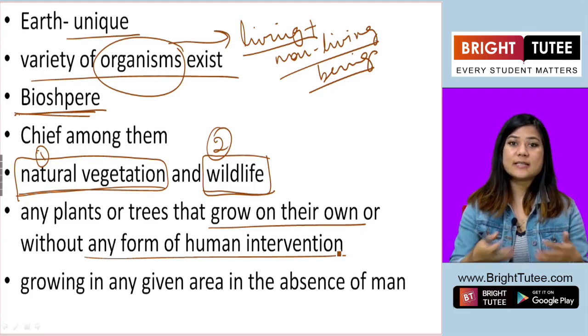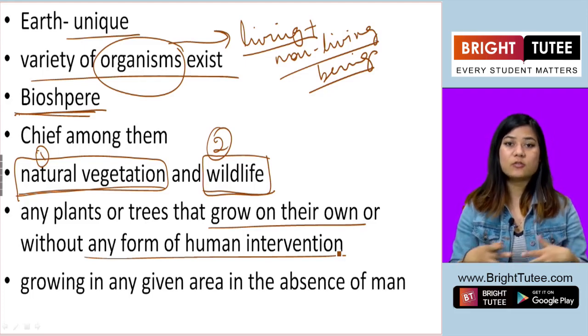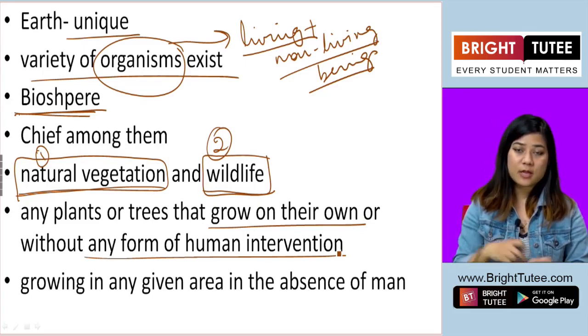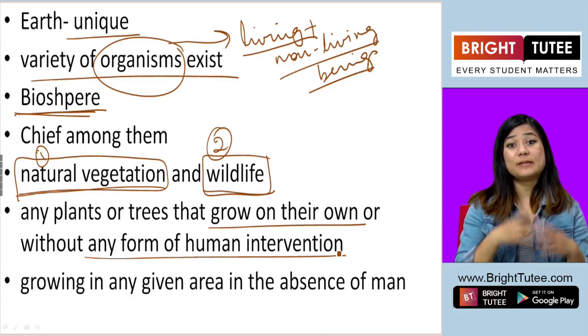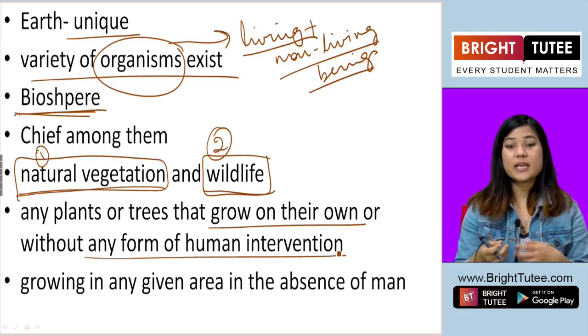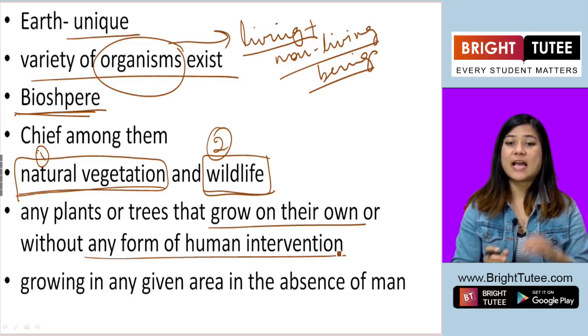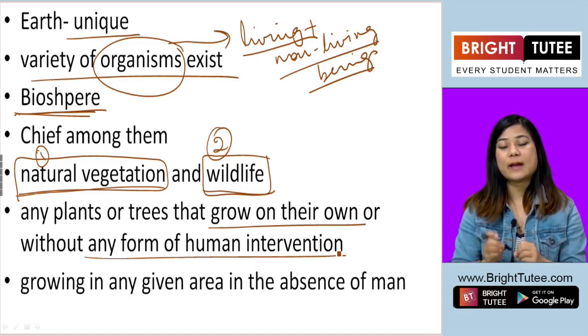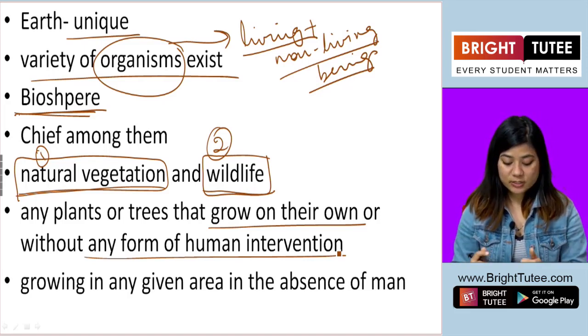Meaning the trees and the plants that you see in the jungle grow on their own without people having to come water them, without people having to come plant them, add manure or take care of them. Such vegetation which has zero human intervention, zero role played by humans, is called natural vegetation.